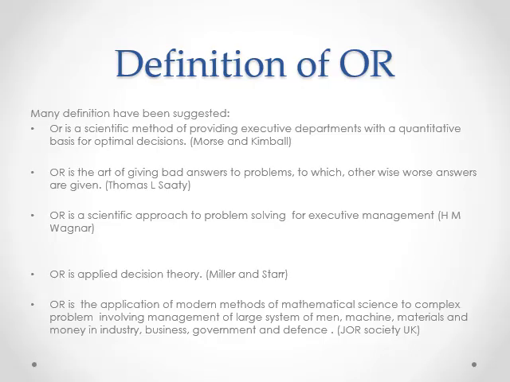OR is considered as the branch of quantitative methods. OR is a scientific method of providing executive departments with the quantitative methods. OR is the art of giving bad answers to problems to which otherwise worse answers are given.